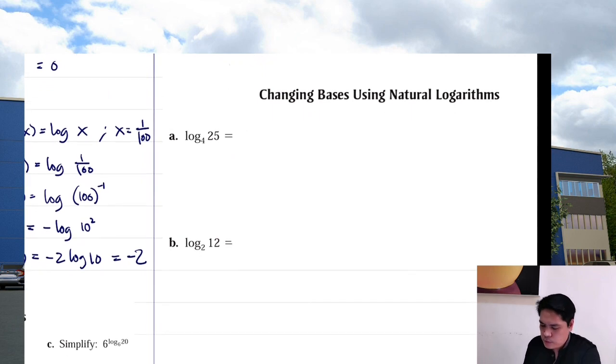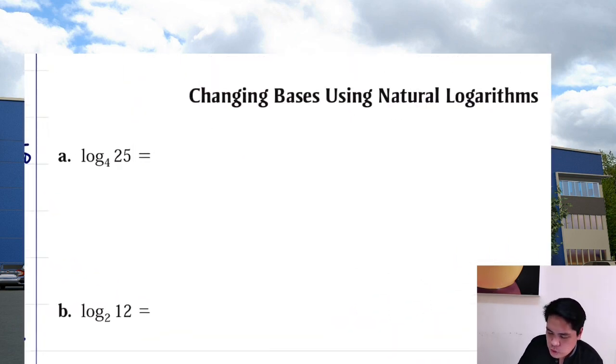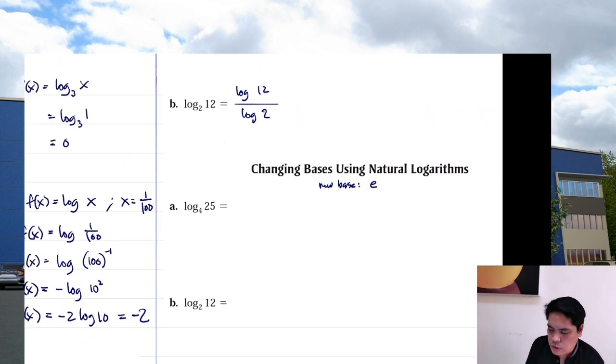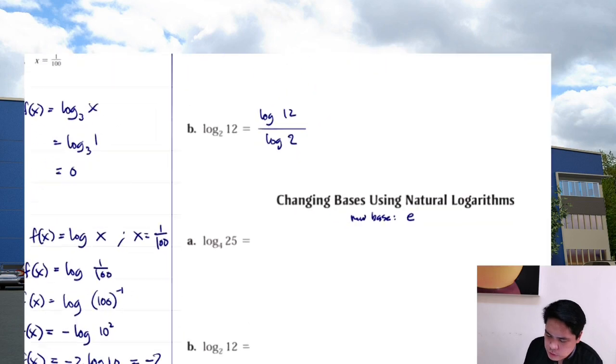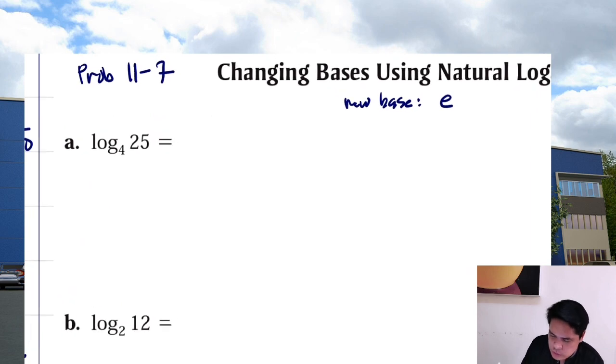How about here? Changing bases using natural logarithm. So, therefore, our new base here is the natural base, e. So, this is problem 11-7. Okay. So, ang ln ang gagamitin natin, or logarithm to the base e, that is just ln.